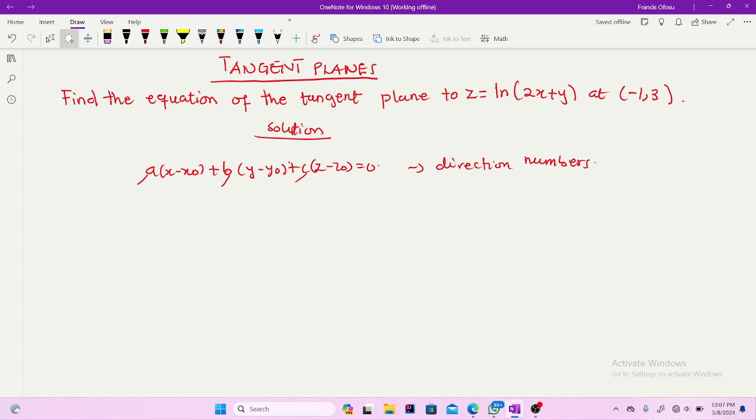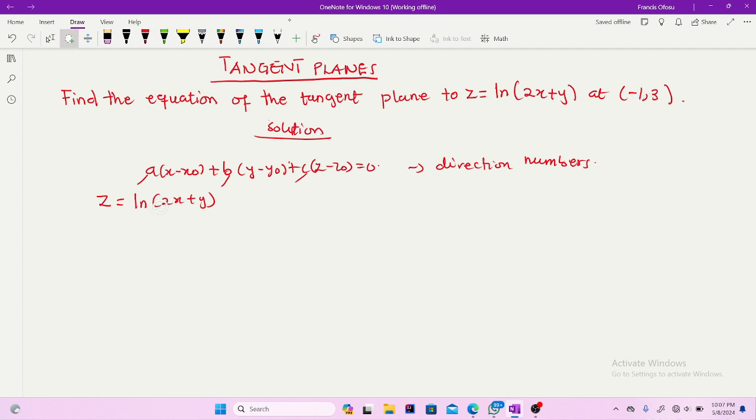In this case, we want to find the plane which is tangent to a particular function. This is a function we have in space: z equals natural log of 2x plus y. We want to find the tangent to this function at the point (-1, 3).